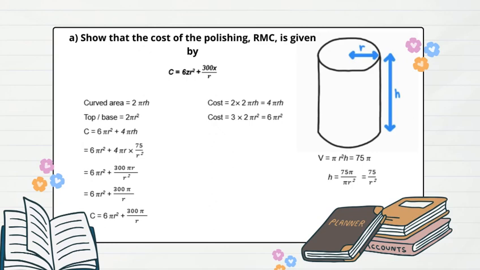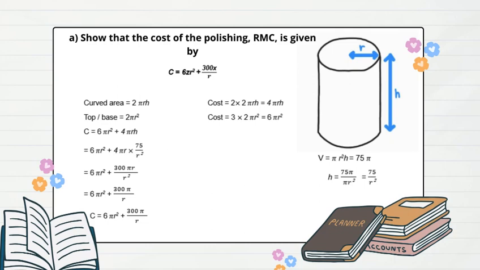Let's first of all look at the curved surface area. The curved area is equal to 2 pi r h. The cost is 2 ringgit per centimeter squared, so 2 times 2 pi r h equals 4 pi r h.